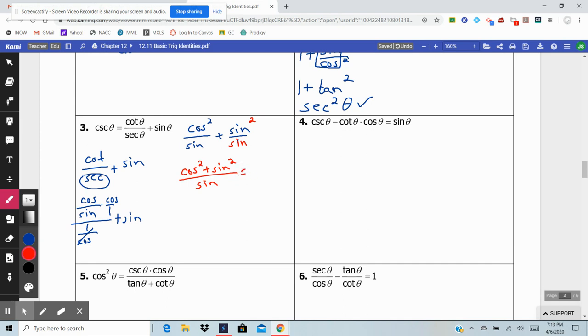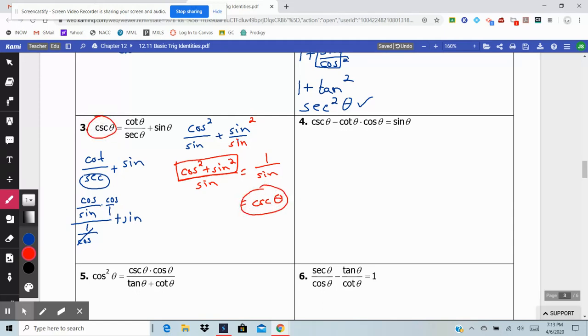We know from your most basic Pythagorean identity that cosine squared plus sine squared on top is equal to 1. So we can replace cosine squared plus sine squared with 1. And finally, 1 over sine. If you look back to your reciprocal identities, 1 over sine is the same thing as cosecant.